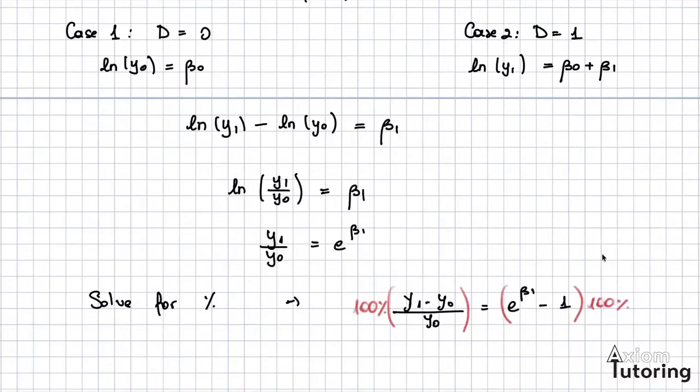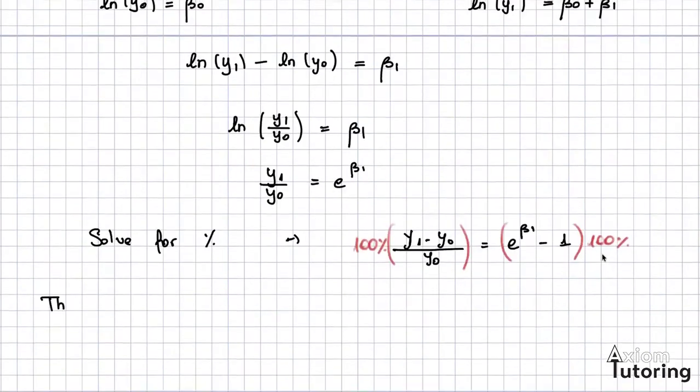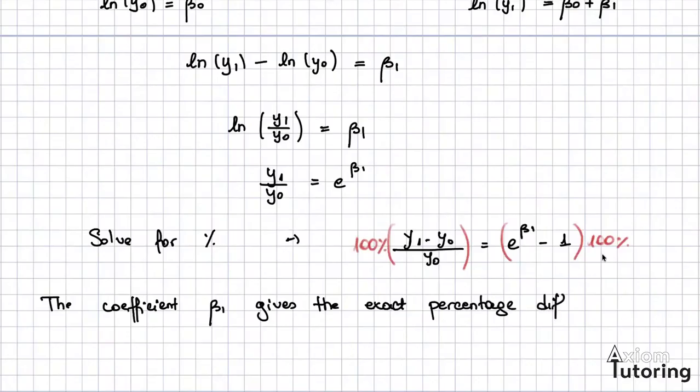So nothing new. The interpretation is very clearly the same as what we've seen in the log level model: the coefficient beta 1 gives the exact percentage difference between the two groups.